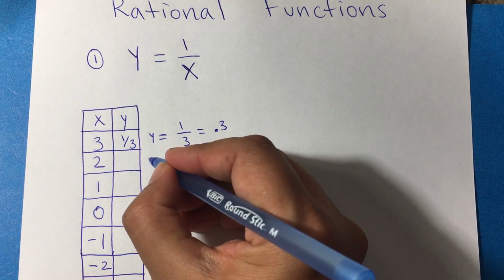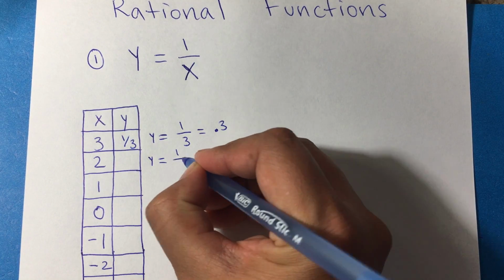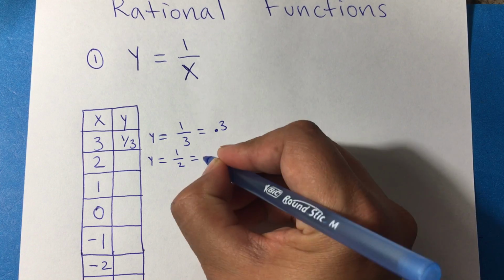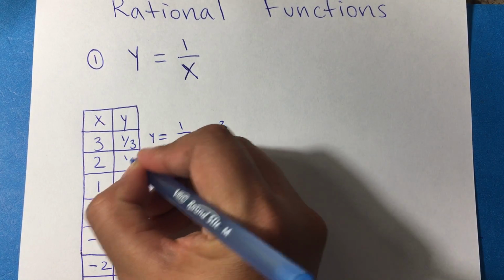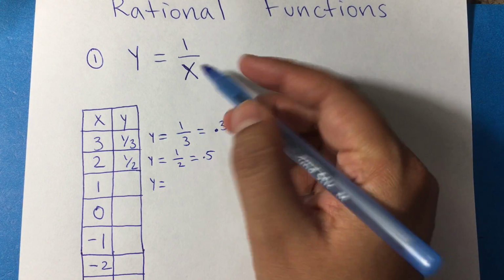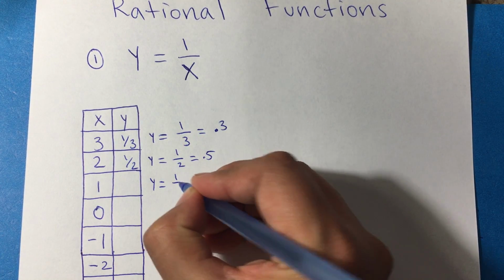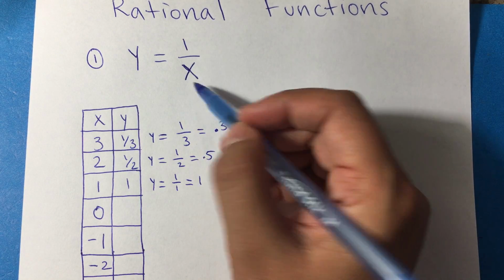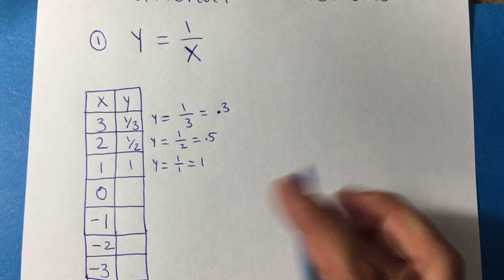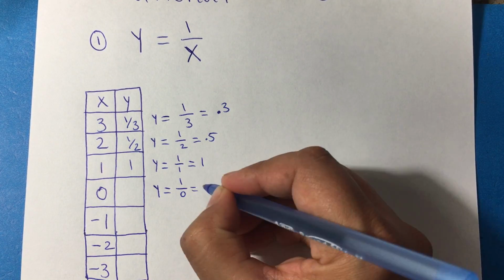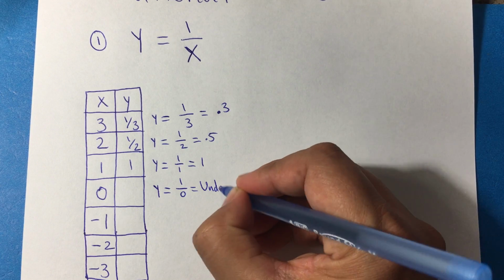For the next one, same thing, y equals 1 divided by 2, which is 0.5, or just 1/2. For 1, it's 1 divided by 1, which is 1. For 0, 1 divided by 0 is not possible. Remember that you cannot have 0 in the denominator. We just call that undefined.